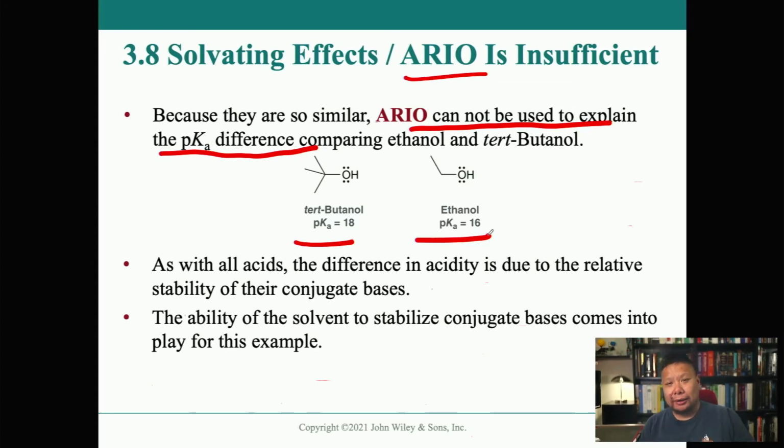If you try to use REO, the atom that it's attached to, the resonance that is there, the induction effects, and then the orbitals, all that stuff is virtually the same between tert-butanol and ethanol, right? But so how does it have different pKa's then? Well, let's take a gander at some stuff.